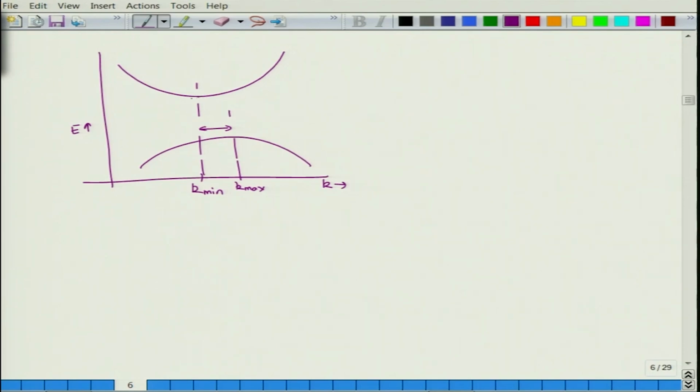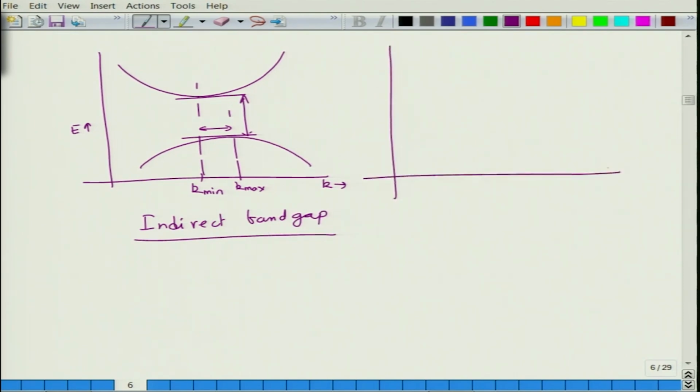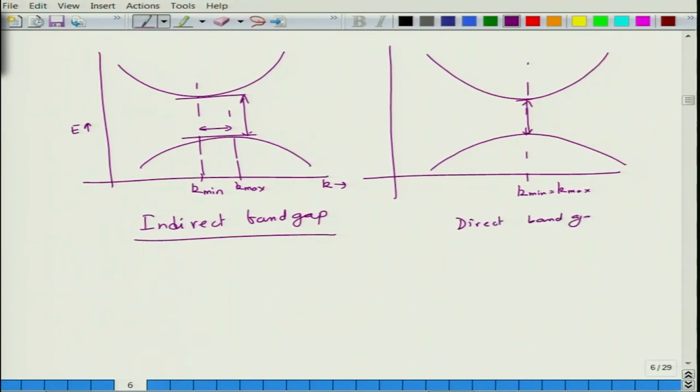When this is the case, there is an energy gap here, and this makes what we call an indirect band gap material. I have not added the term semiconductor yet, I will come to that a little later. And if you have minima and maxima matching in k space, so k min is equal to k max, then this is a direct band gap material. Okay.